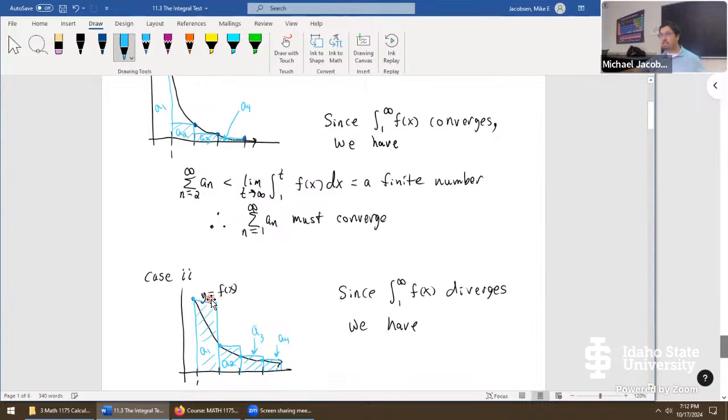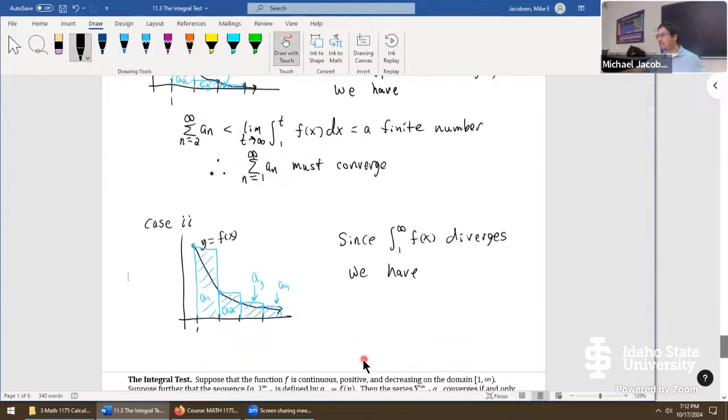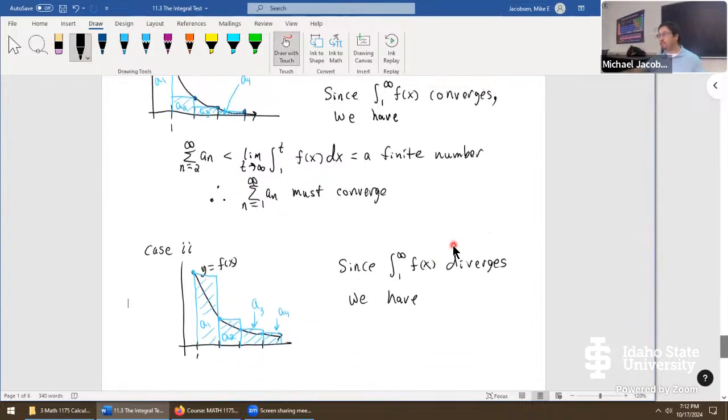But now if we look at this sum, we have something that diverges. And if we add up finitely many terms of the sequence, we're going to exceed the integral itself. So we get to say here, since that integral here diverges, we have that the integral from 1 to infinity of f of x dx, which is the limit, as t goes to infinity, as we integrate from 1 to t, of f of x dx.